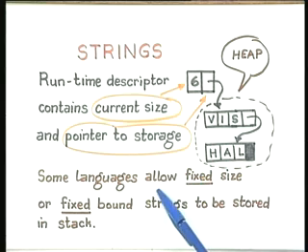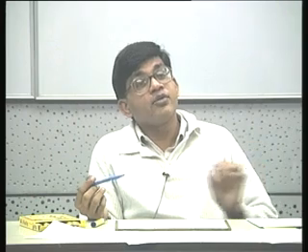There are languages like PL1 which allow fixed size strings, which means they could be stored in the stack because their length is calculable. But for variable size strings, you specify an upper bound on the length of the strings, but you do not guarantee to use all of it.